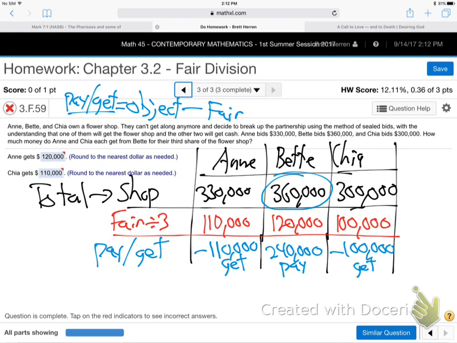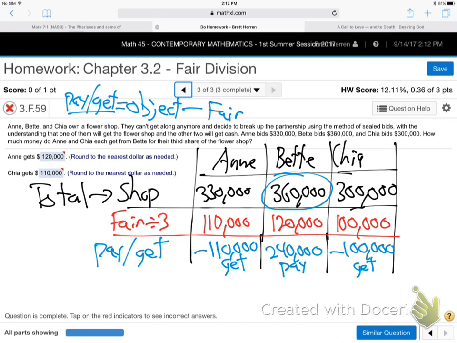And if she complained, we'd say, Betty, you're the one that said you thought the shop was worth $1 million. We gave you the shop. That means you have to share that. She's not going to be happy. We're going to say, you shouldn't have tried to fool the system.